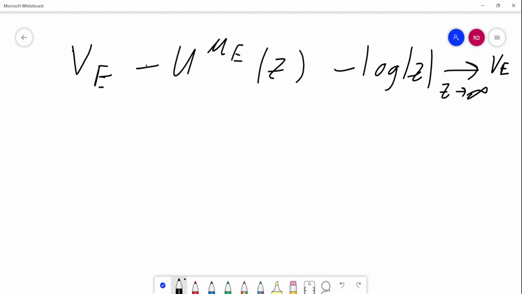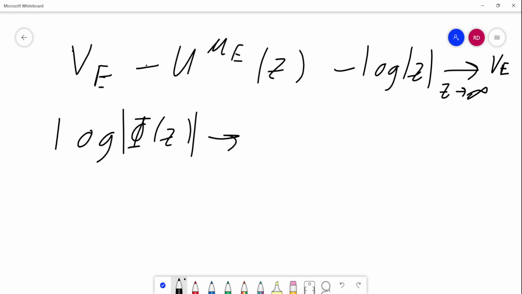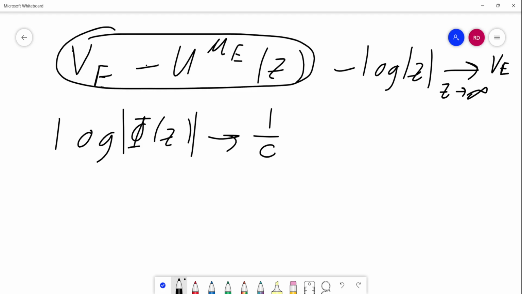But we also just showed, just a moment ago, that log of phi of z converges to 1 over c. But log phi of z is the Green's function. So, when we put it all together, sorry, what was it we said? I'm sorry, I messed that up.